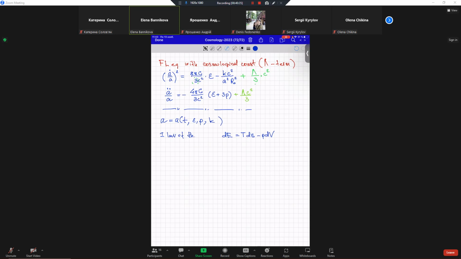The point is that when we obtained the gravitational equation and applied it to the universe, we, in principle, considered that entropy is a constant.